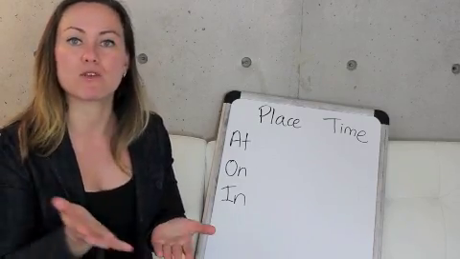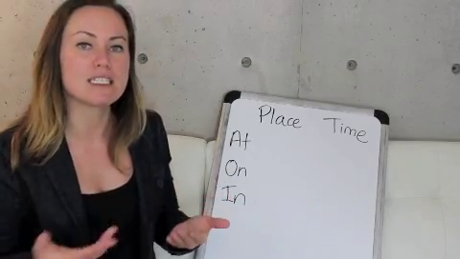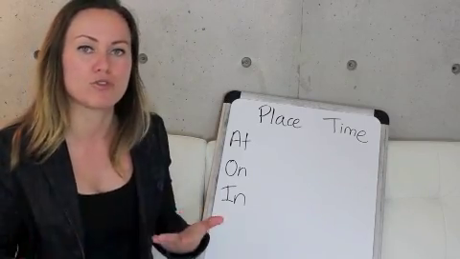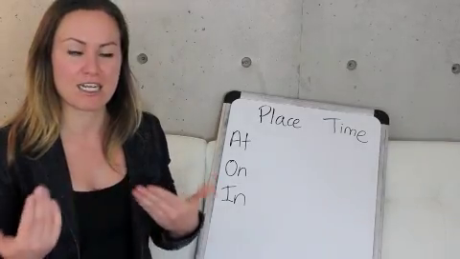So how do we make those pathways? How do we make it easier for our brains to process this new information and to do the new skills? We have to connect the old and the new.